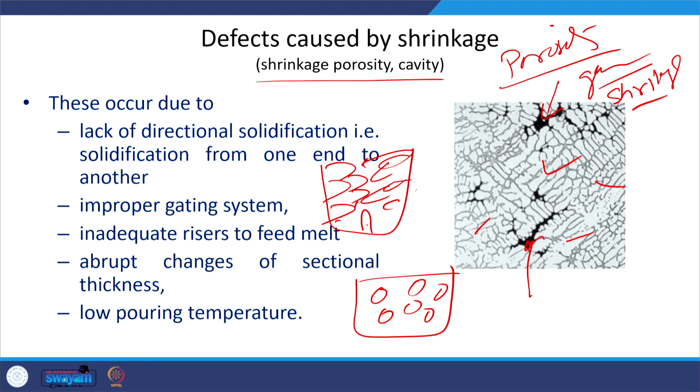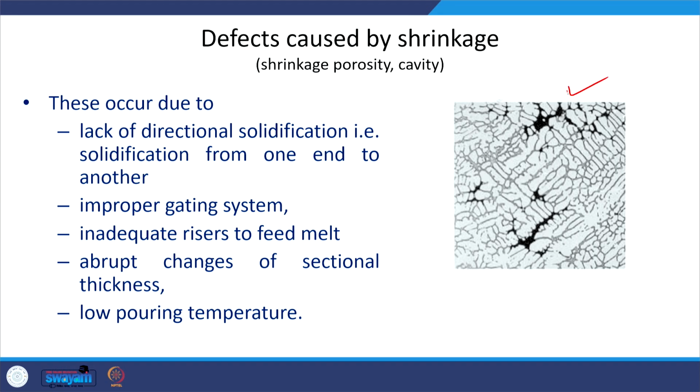That cannot be filled due to the limited ability of the molten metal to fill those gaps, or limited or blocked channels for the flow of the molten metal. So, shrinkage porosity is typical of the dendrite morphology.